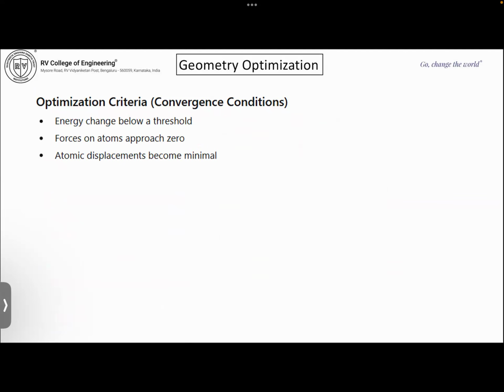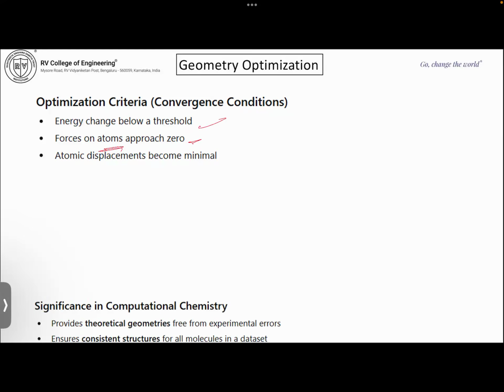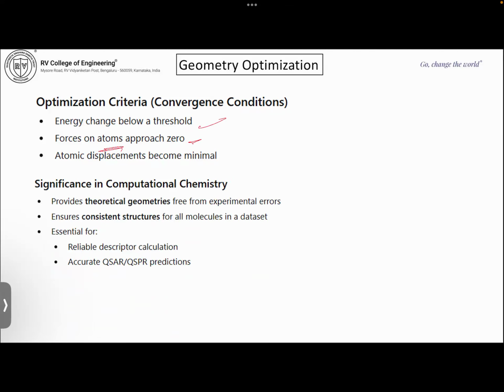So what are the optimization criteria? Energy change below a threshold, forces on atoms approach zero, and atomic displacements become minimal. The significance of geometry optimization in computational chemistry is that it provides theoretical geometries free from experimental errors.